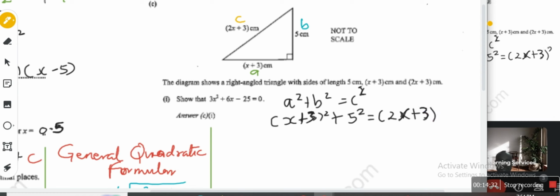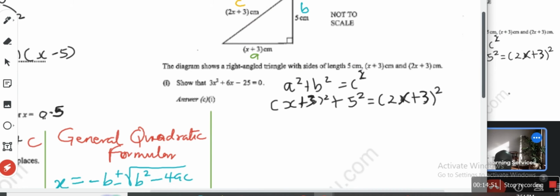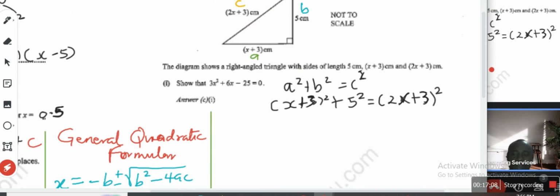Squared. Good. So this squared for A plus this squared for B equals this squared for C. All right, so you simplify. When you simplify, you will eventually get this. That's the idea. So we will expand this, isn't it? I think you must have done that already.